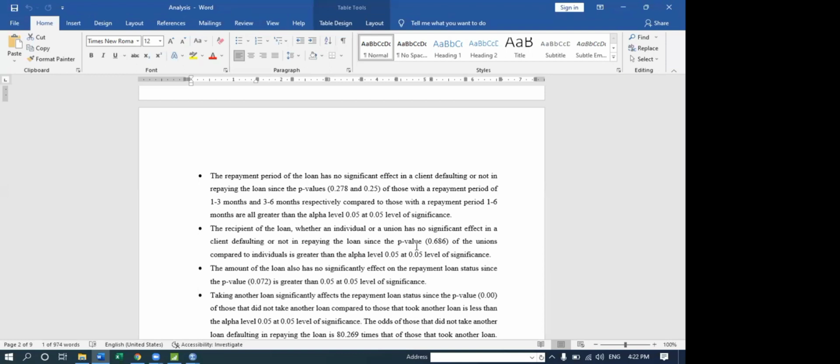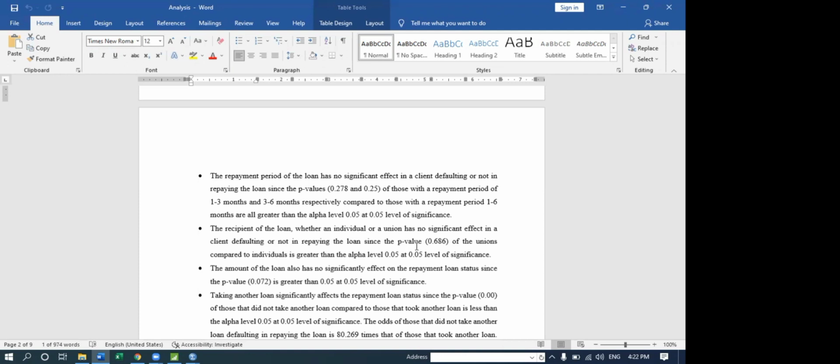When I know the group that always defaults, I will recommend to the microfinance company that whenever this group comes, scrutinize them very well before you give them that loan, because the odds for them to default are very high.